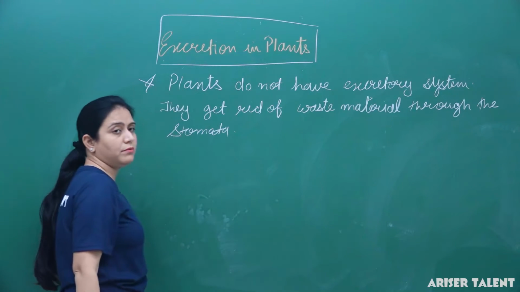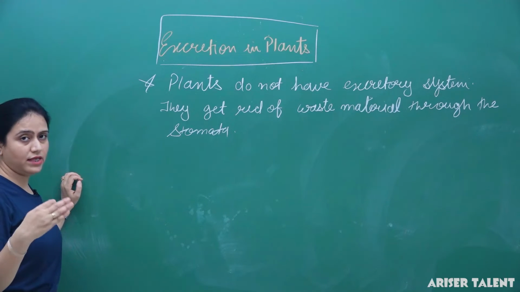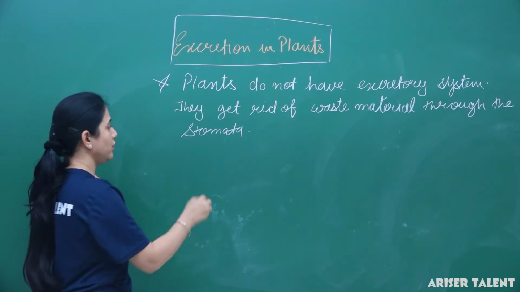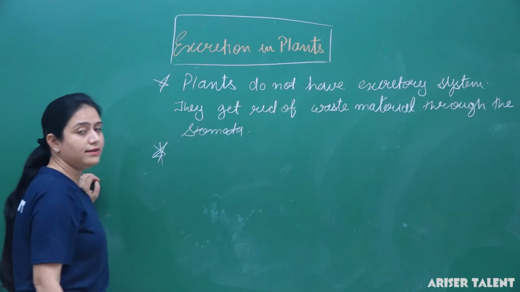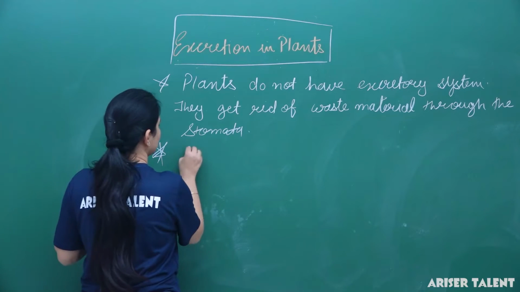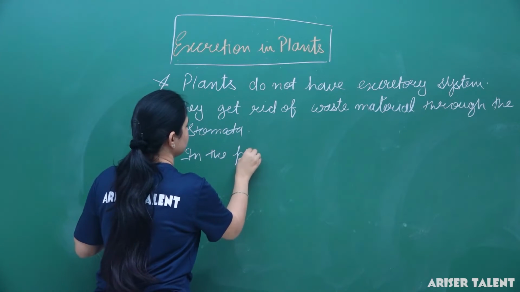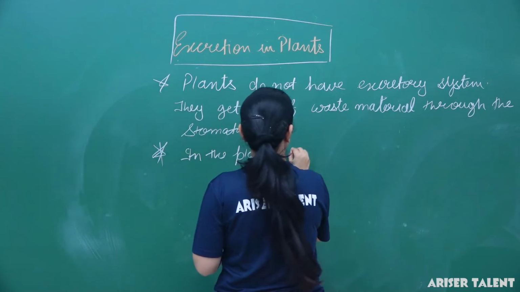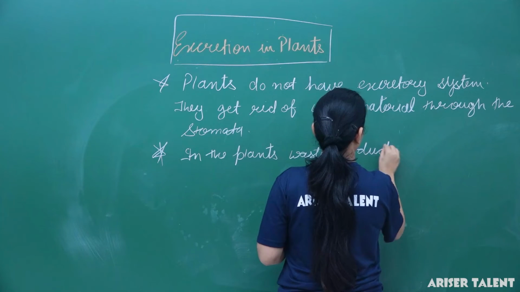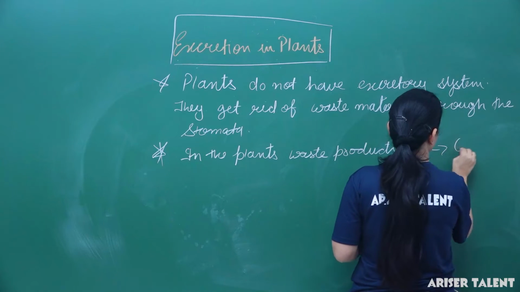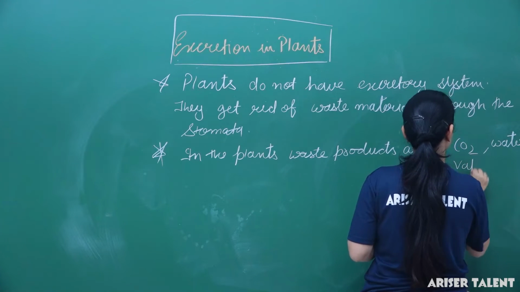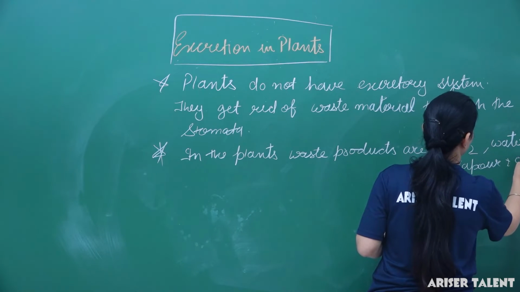And even if we talk about woody plants or woody stems, they get rid of waste products from the lenticels only. So in the plants, waste products are carbon dioxide, water vapor and oxygen.